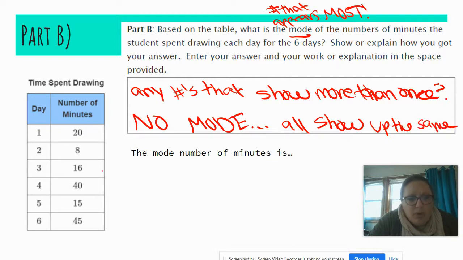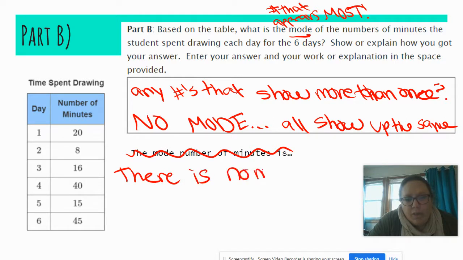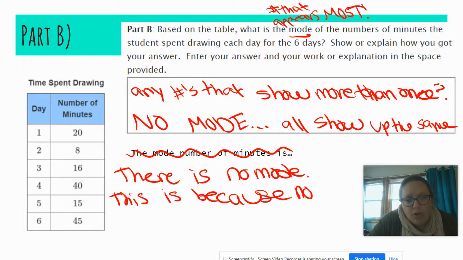Okay, so the mode number of minutes is, actually, well, that's not how we're going to restate it. We're going to say there is no mode. This is because no number appears more than the others.